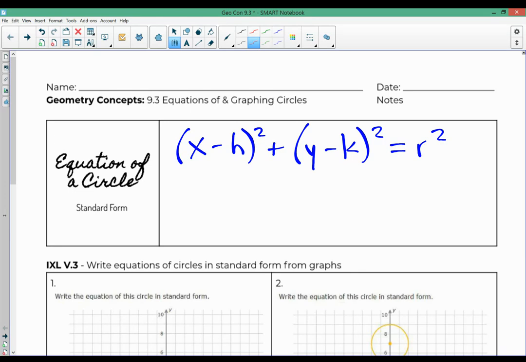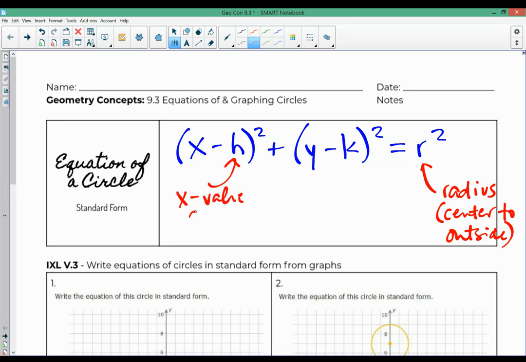All right, so we know that r is going to be the radius of the circle, and that goes from the center to the outside, like the circumference. And then h is the x value of the center, and k is the y value of the center.